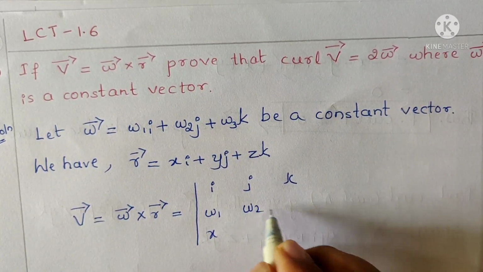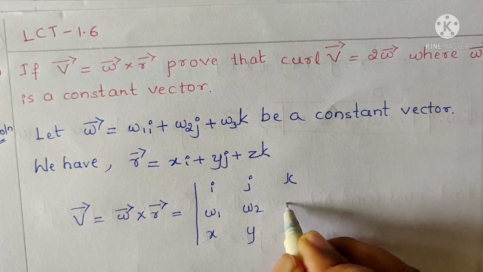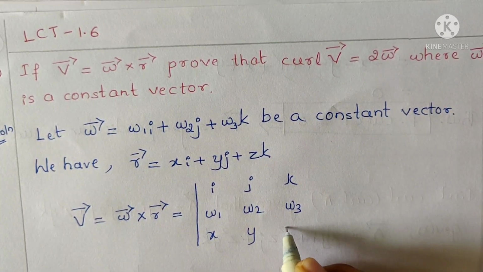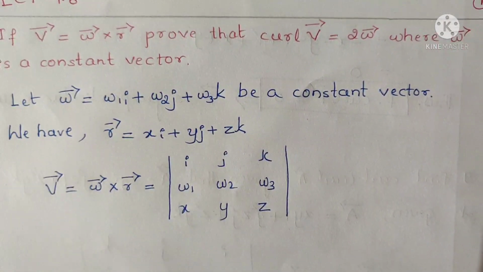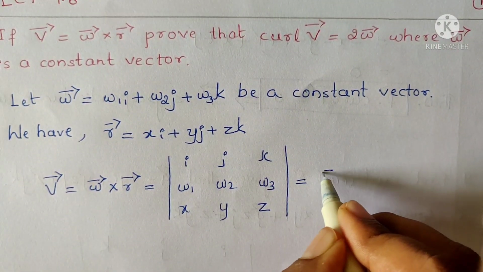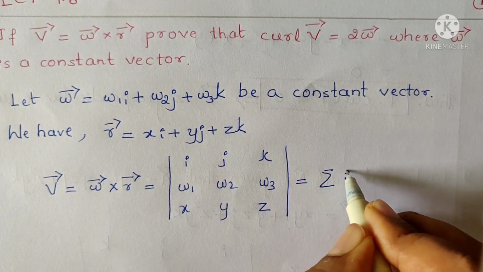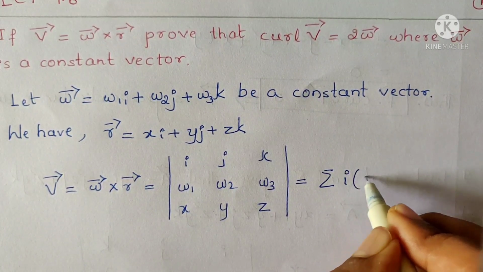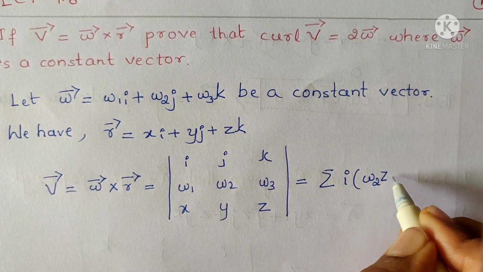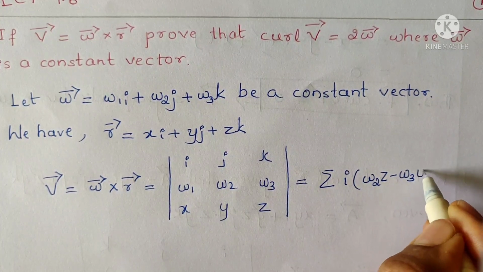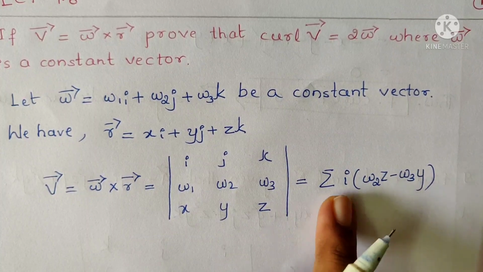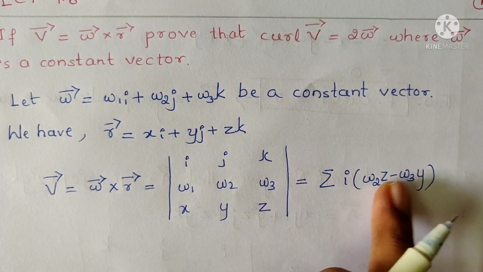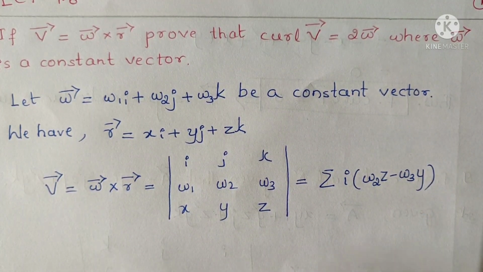For j it is w2, this is y. This is w3 and this is z. So this is nothing but the summation of i into w2z minus w3y. The summation is symmetrical. Next comes j, next here y, here z, like this.